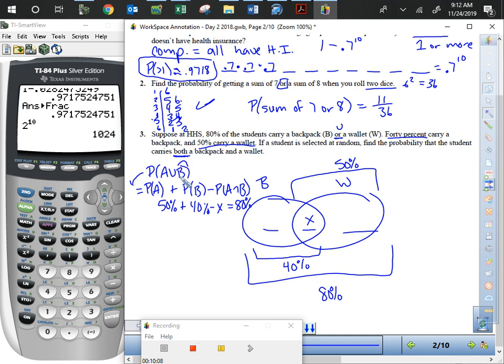It's just as okay for us to put it on this side with that 80%. Union is together, the total, the "or." So all we have to do is solve. It says 90% minus x equals 80%, and that's obvious to see. Our overlap here has to be 10%. So the probability of both, or the probability here of backpack and wallet, is equal to 10%.